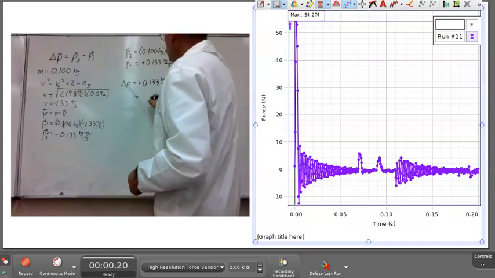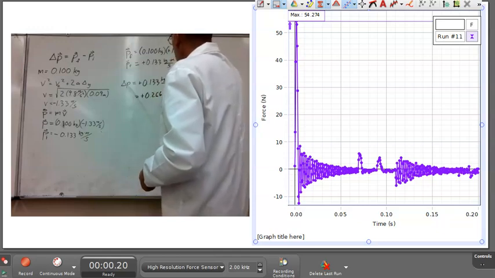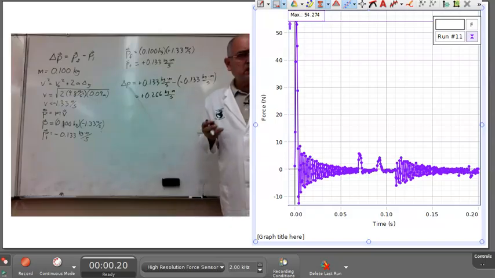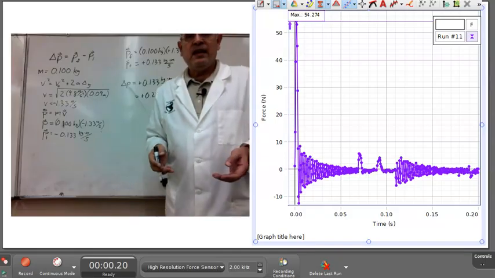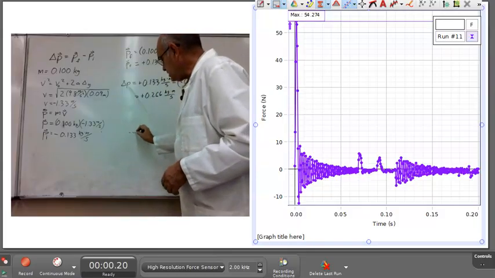And so the change in momentum is going to be plus 0.266 kilogram meters per second. So what do we see? We see that when the super ball bounces, it actually gets twice the change in momentum. And again, that makes sense.